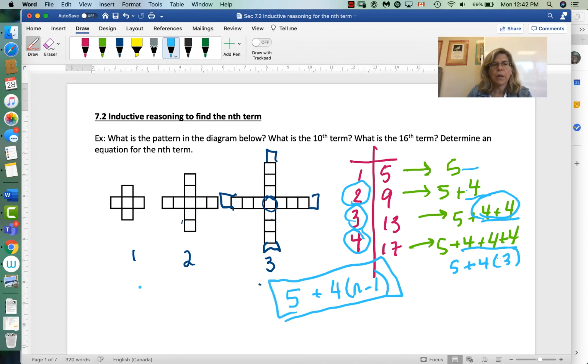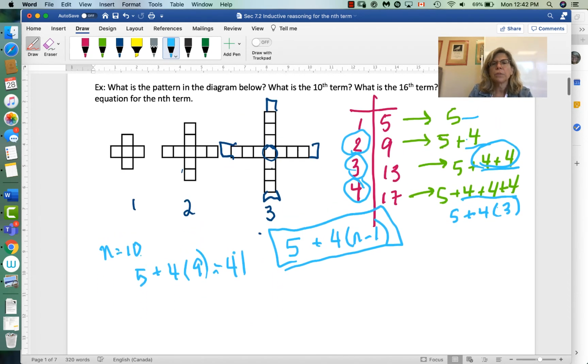So if we go back up here, what's the 10th term? If n equals 10, then 5 plus 4 times 9 is going to give you the number for n equals 10. So 4 times 9 is 36, plus 5 is 41. Okay.